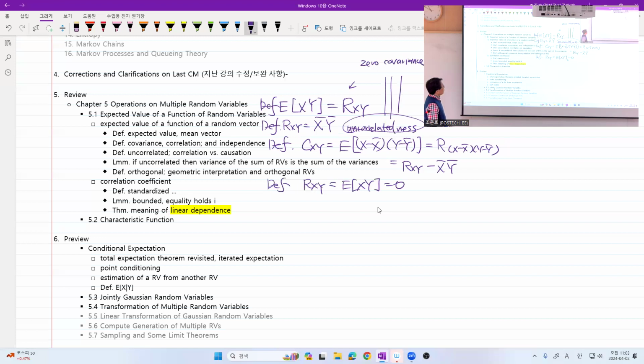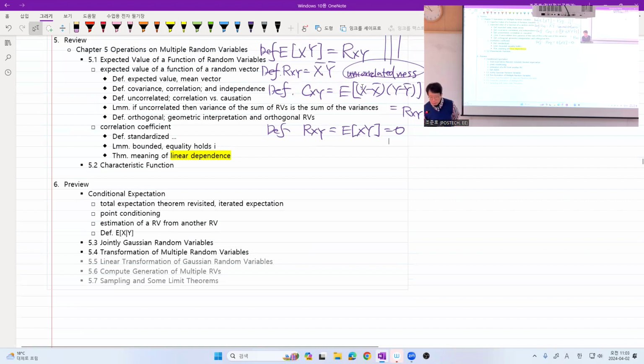Anyway, once we defined tons of correlation-related, second-order-moment-related expectations, we introduced something more that looks very interesting.